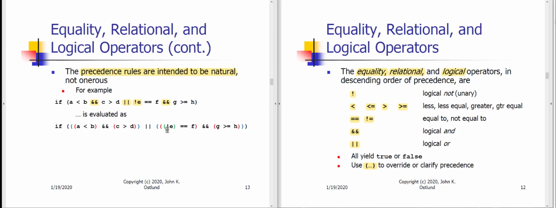I can put in all of the parentheses corresponding to these precedence rules on slide 12. It's not clear to me, though, that adding all these nested parentheses helps make this decision more clear.